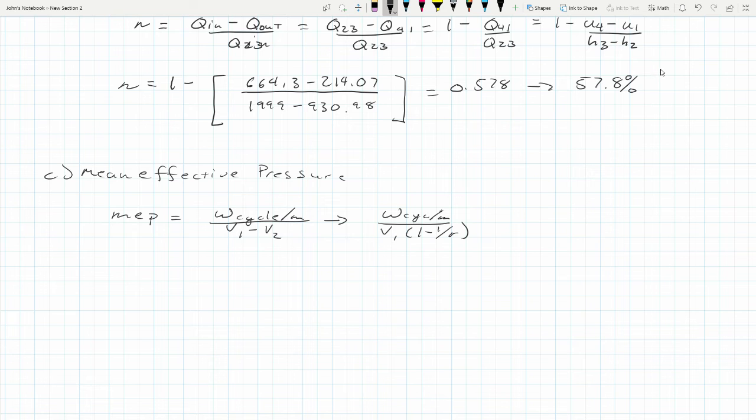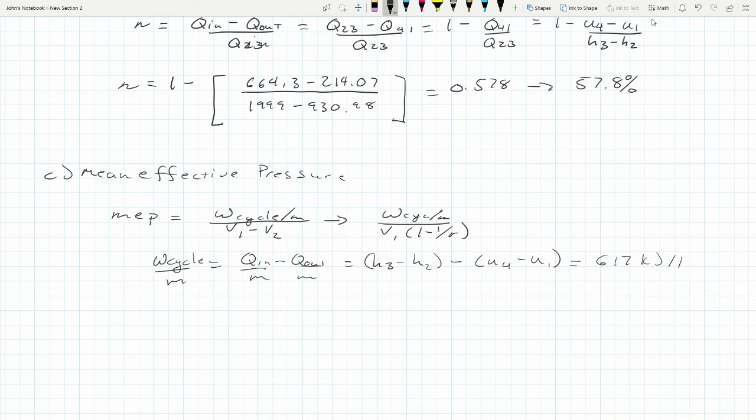So it's actually not this, because it's 1 minus that. So work of the cycle over M is equal to all the heat that has to come in minus all the heat that has to go out, which is equal to H3 minus H2 minus (U4 minus U1). Plug in those values, you will get 617 kilojoules per kilogram.